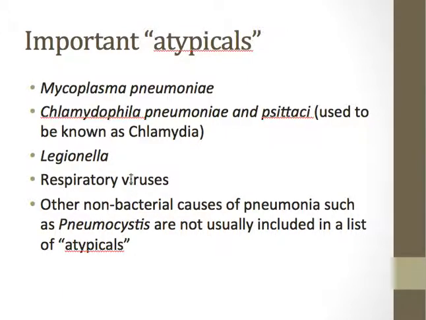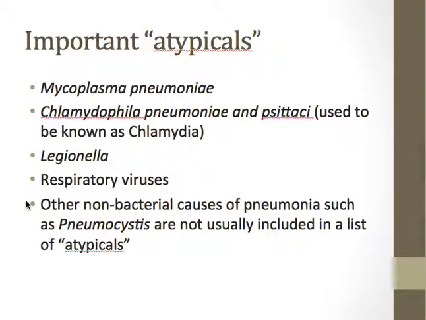Respiratory viruses are a very important cause. You can get a primary influenza pneumonia, primary varicella pneumonia, and a measles pneumonia. And then there are many other non-bacterial causes of pneumonia, which don't cause symptoms typical of a lobar pneumonia, including pneumocystis, which you may have heard about in the infections and the immunocompromised lecture. However, these are not usually included when people are talking about a list of atypical pneumonia pathogens.